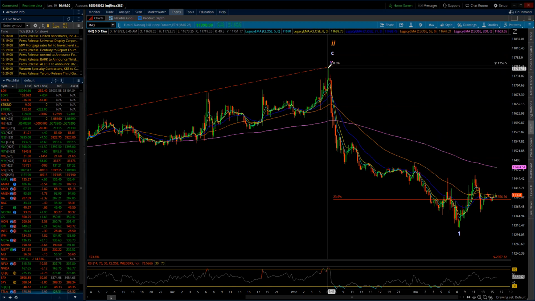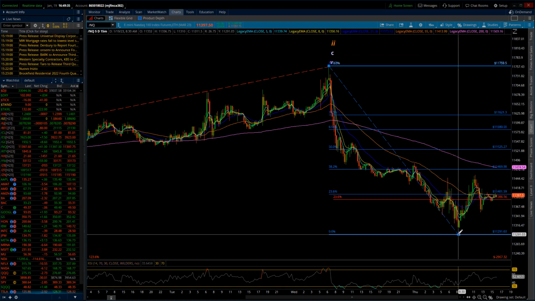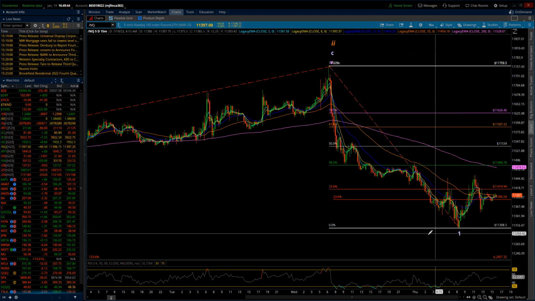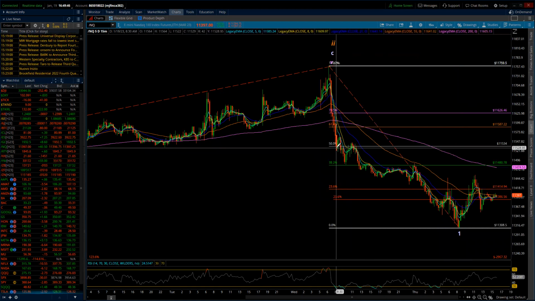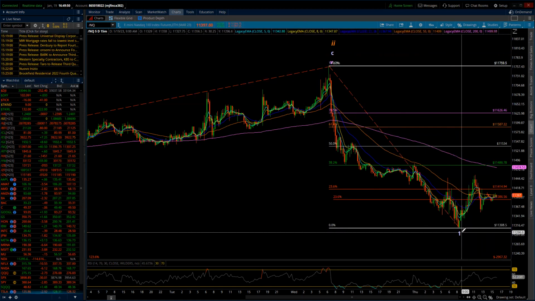So I use Fibonacci retracements to get those retracements for a wave 2. Now, we just finished a wave 2, and as we know, the most common for that is that a wave 2 has the capability of coming up between 50 and 62% of wave 1.